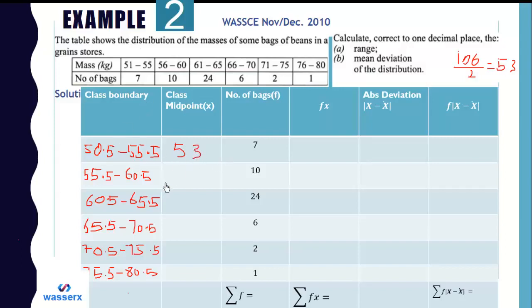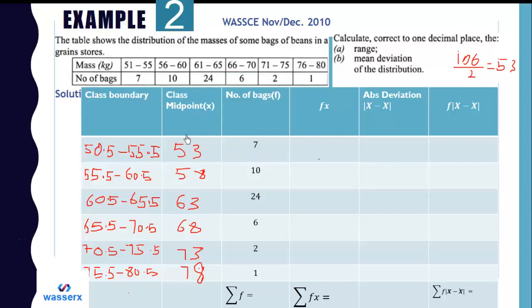Repeat this for all. Then we find fx, where we multiply the frequency by the class midpoints, to obtain 371. So repeat the same process to obtain all of these.